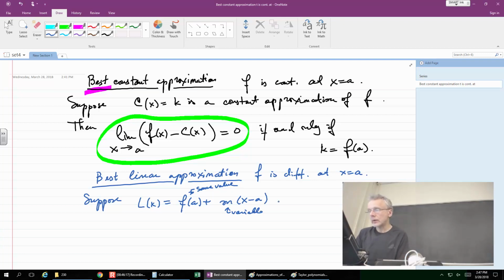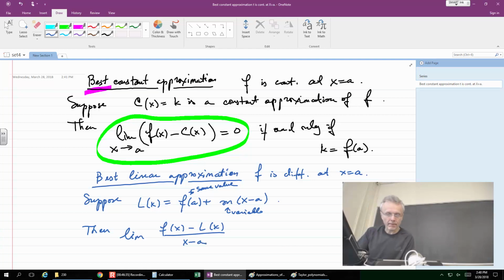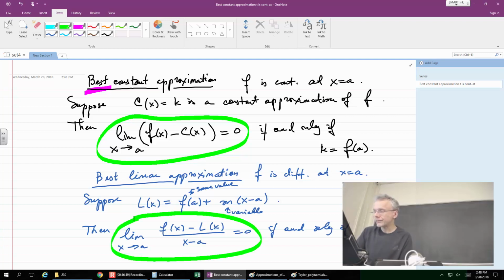How do we pick what is the best one? It turns out we have a similar limit. It is just a harsher limit that we require. Not only is f of x minus this function going to 0, but in fact it is divided by x minus a. So once again, this is how we understand best.